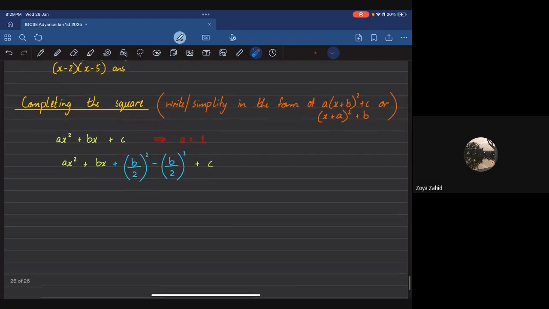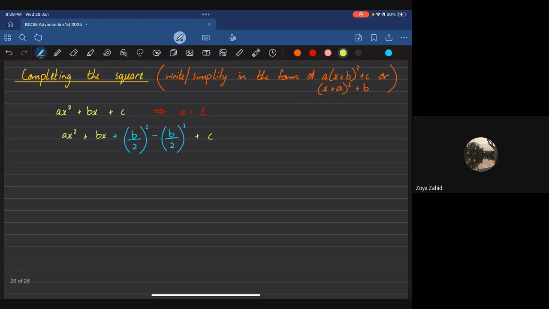Now you're simply going to isolate this part. I'm going to isolate this part alone, and when you do questions, it will become much more clear why.